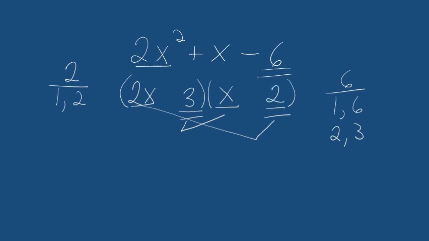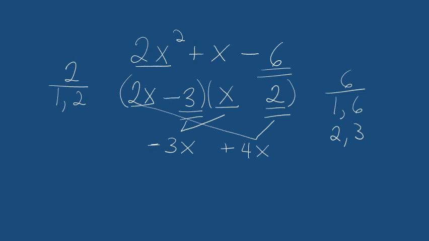If I put them in like that, I get a 3x for the inside two terms, and when I take 2x times the 2, I get 4x. And with a 3x and a 4x, I can put positives and negatives on these and wind up with the 1x that I need in the middle. I would need the 3 to be negative and the 4 to be positive.